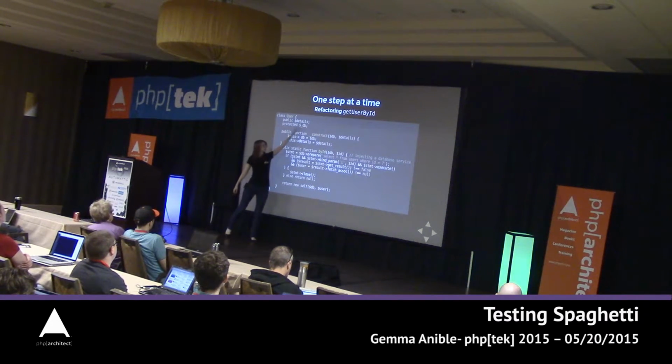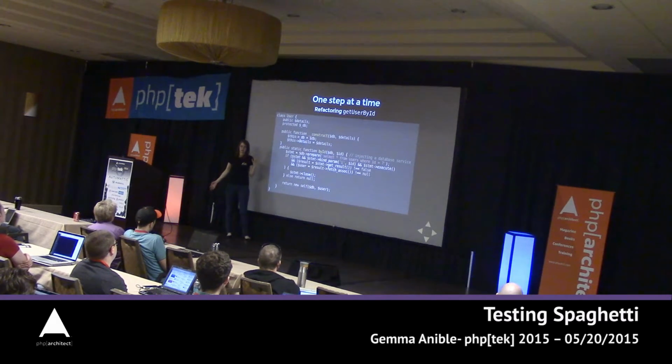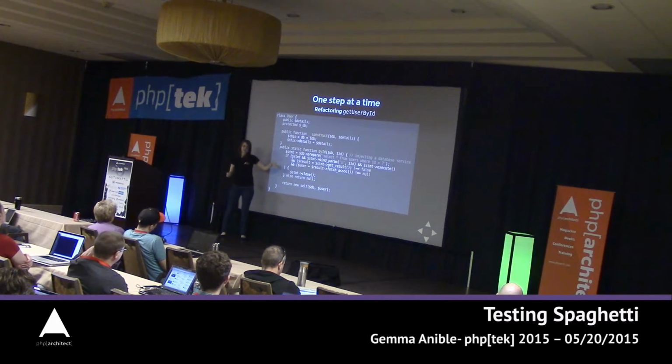We've got our protected _db, that's going to be a MySQLi database connection. Who uses MySQLi on a regular basis? A couple people. OK. A better way to do this would be to use PDO or Doctrine or something nice. But for this, we're starting small.